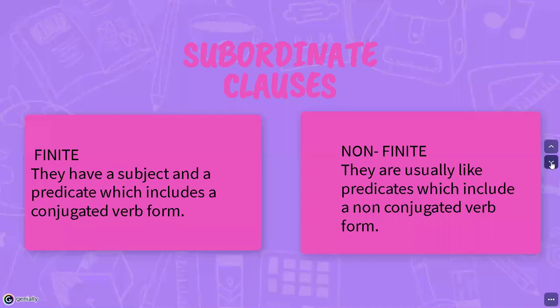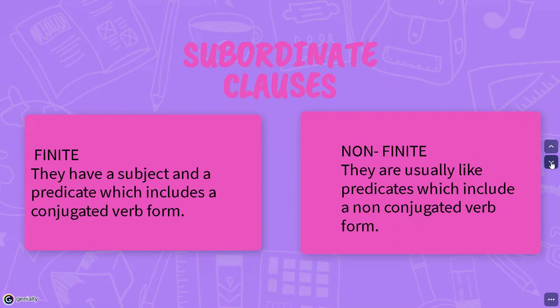First of all, there is a broad classification into two different kinds: finite subordinate clauses and non-finite subordinate clauses. Finite subordinate clauses have a subject and a predicate, which includes a conjugated verb form. Non-finite clauses are usually like predicates, which include a non-conjugated verb form.